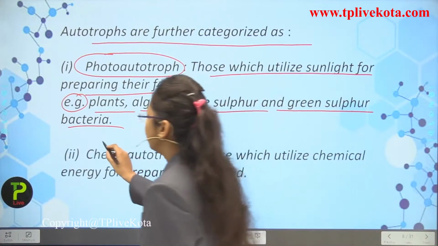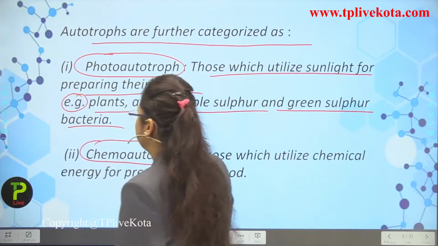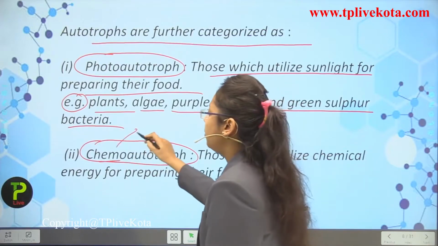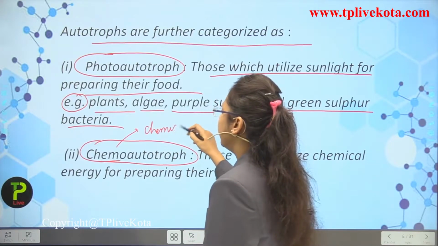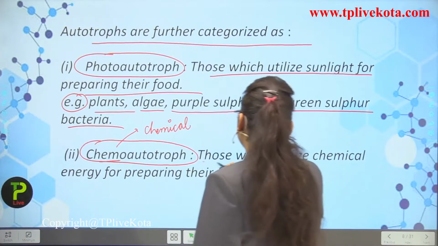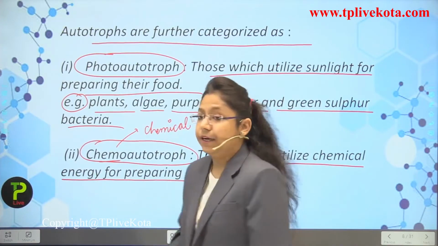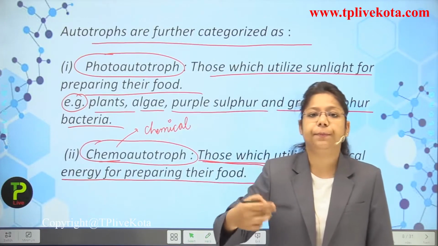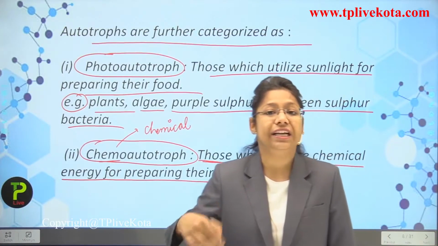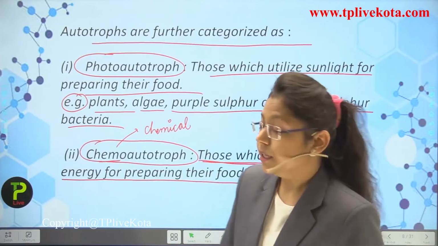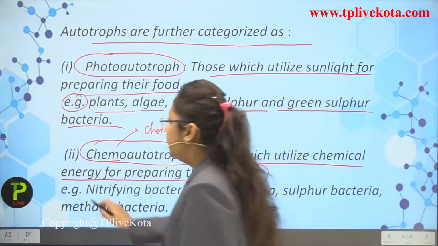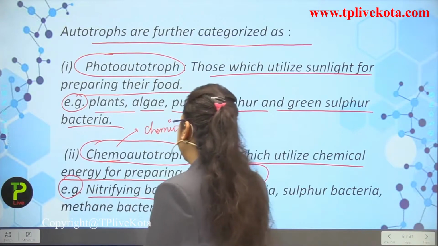Next, I am going to talk about chemoautotrophs. As the name suggests, chemo means what? Chemical. Now, those which utilize chemical energy for preparing their food. So for the preparation of food, they utilize what? Chemical energy. Okay, so let us see the example. Examples are nitrifying bacteria.